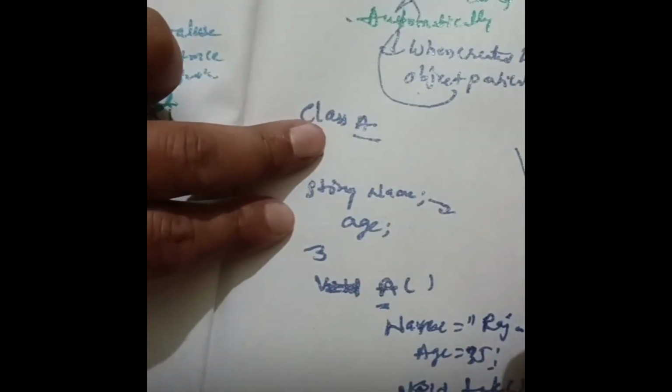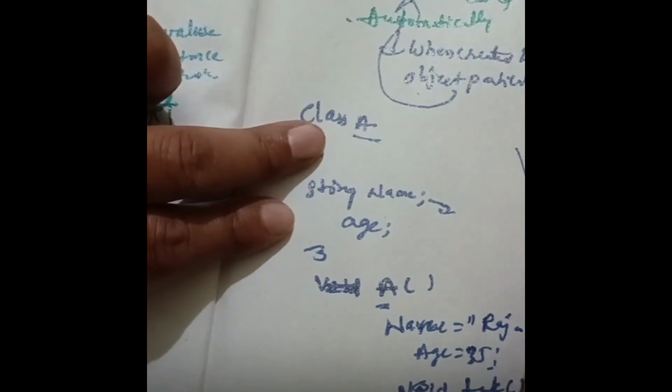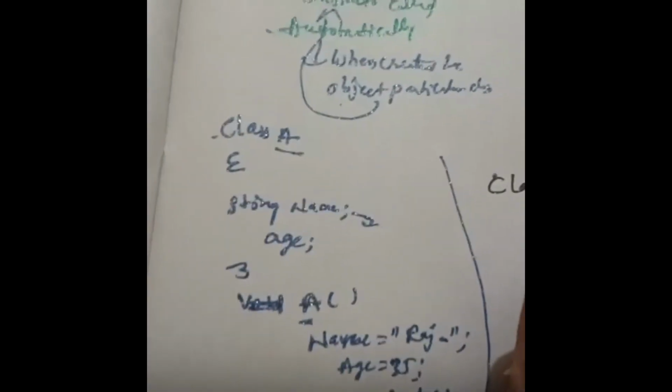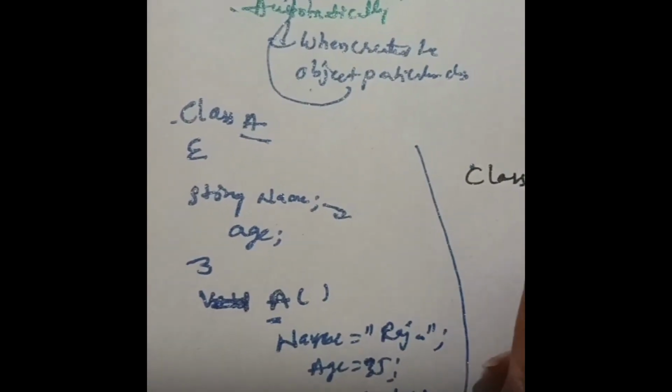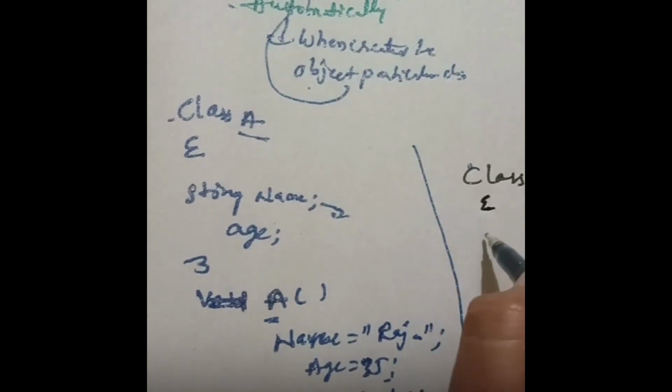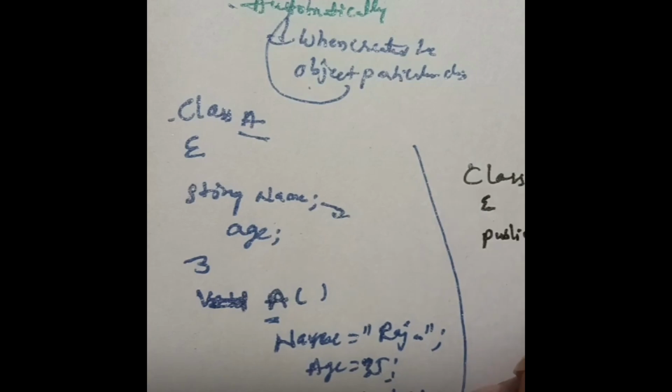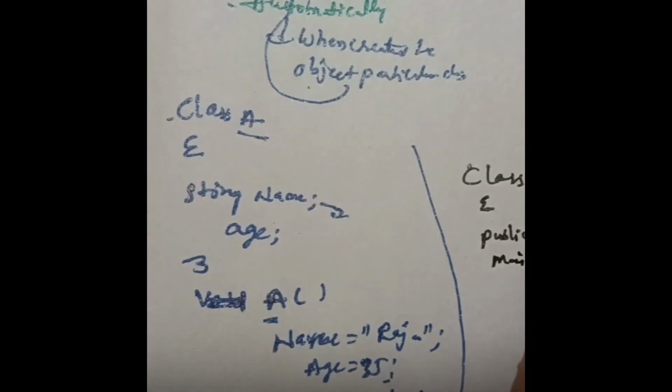Now again we write the main class. Class Sample, open brace, public static void main(String[] args). We declared the main method.